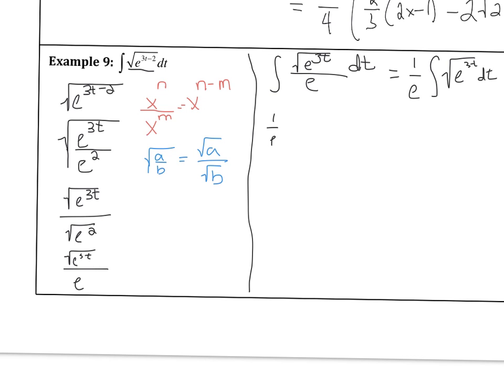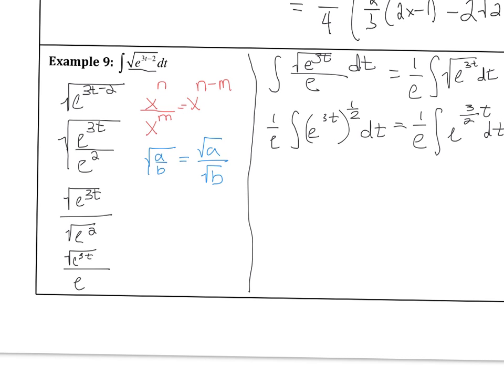So I'll have 1 over e times the integral of e to the 3t all to the 1/2. And then when I am raising a power to a power, I am just going to multiply their exponents. So I'll have 1 over e times the integral of e to the 3/2 t dt.